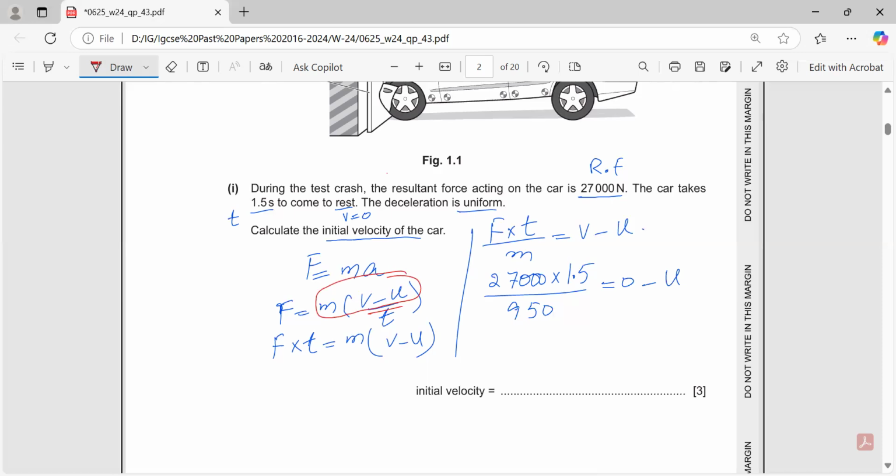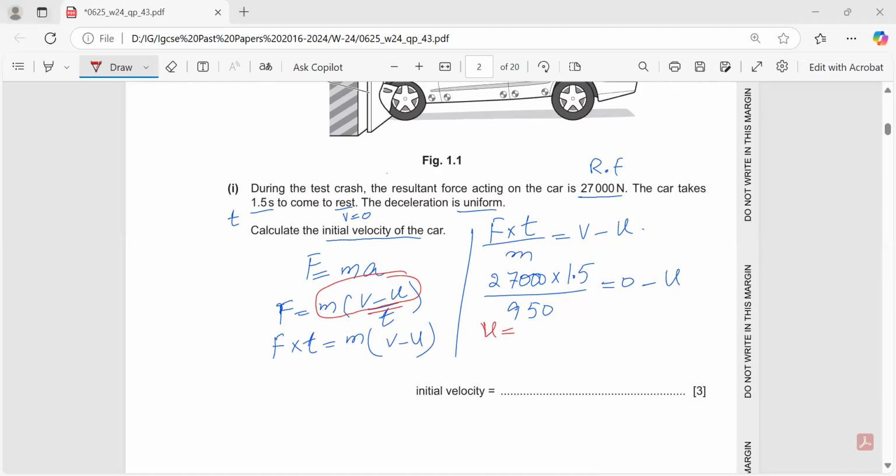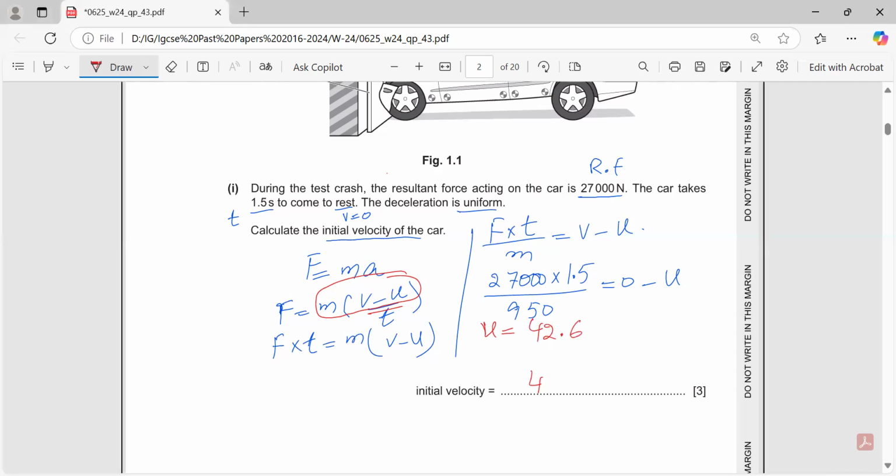So u is equal to 27,000 times 1.5 divided by 950. Answer is 42.6, so we can round it off to 43 meters per second. Don't worry about the negative sign and don't need to write it. Whenever we are calculating the change in momentum, it is always positive.